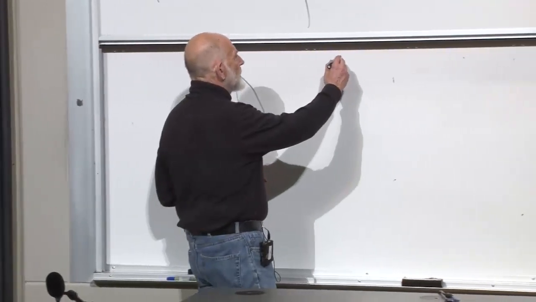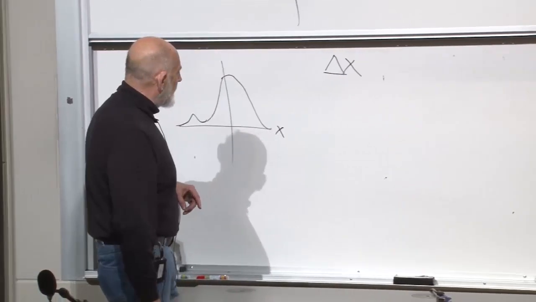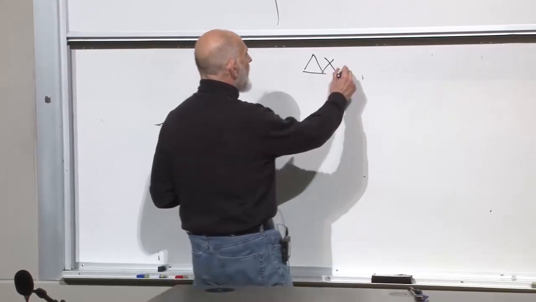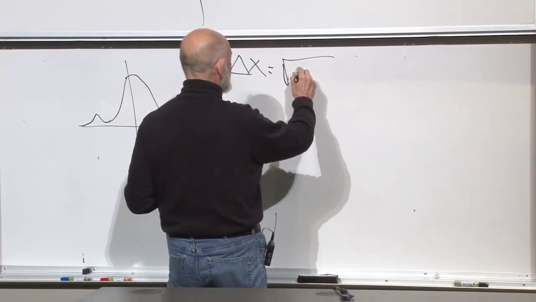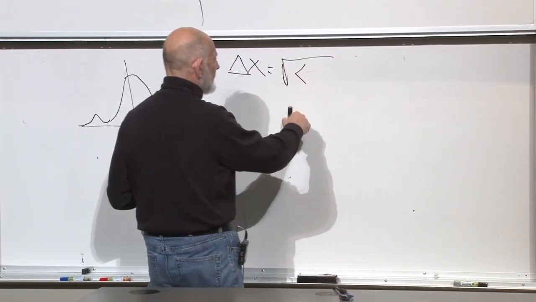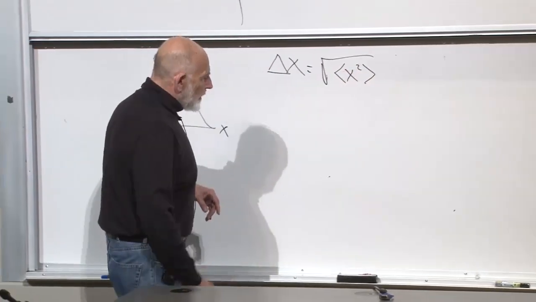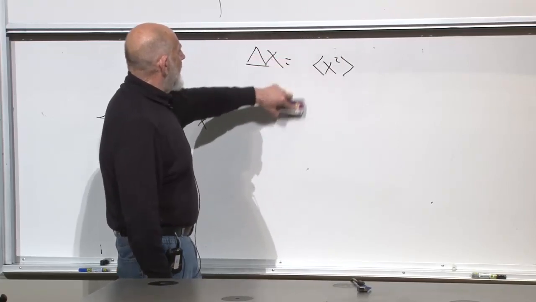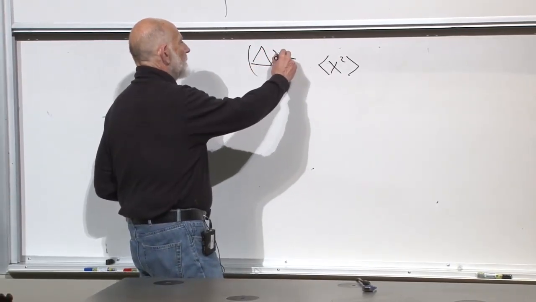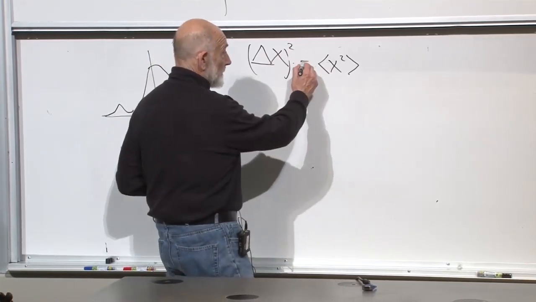So the fluctuation, usually called delta x, the uncertainty in x, is the square root of the average of x squared. Or, let's get rid of the square root. The mean squared fluctuation is the average of x squared.